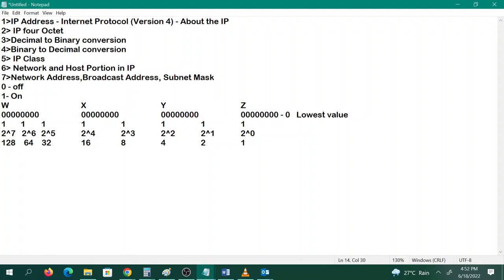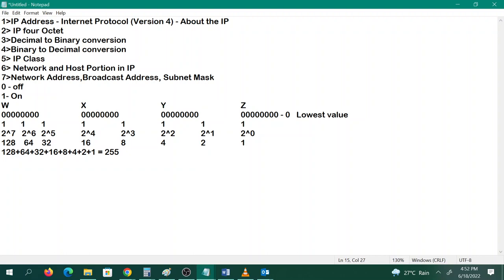If we combine all these values, 128 plus 64 plus 32 plus 16 plus 8 plus 4 plus 2 plus 1, the value will be 255.